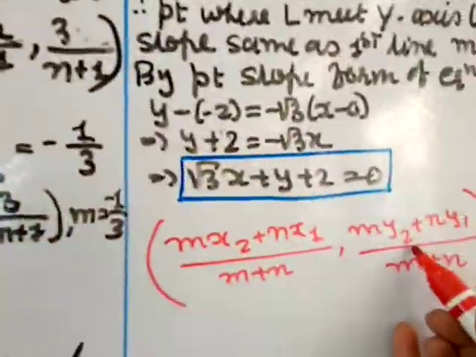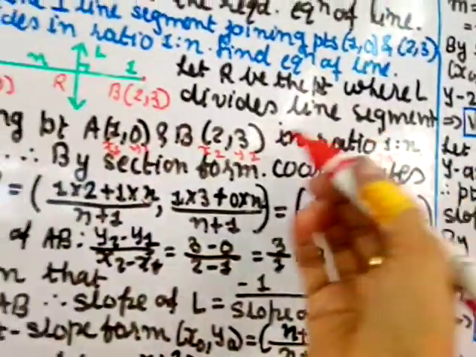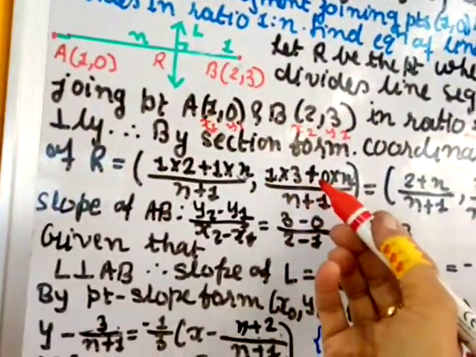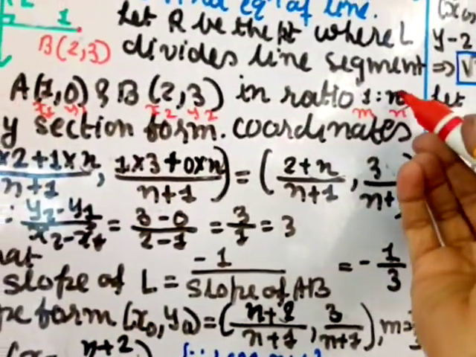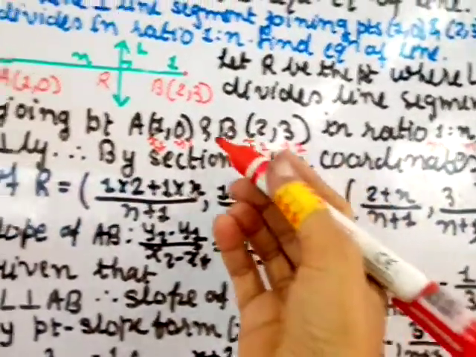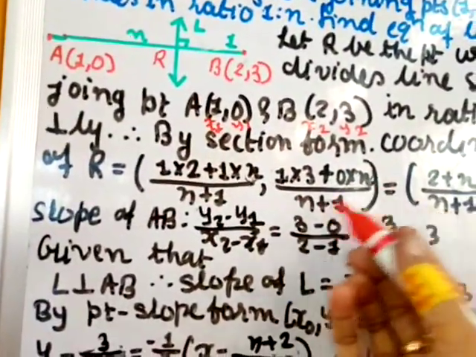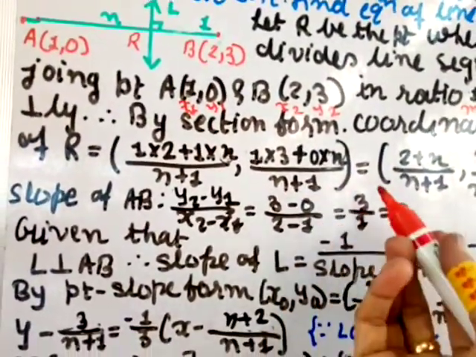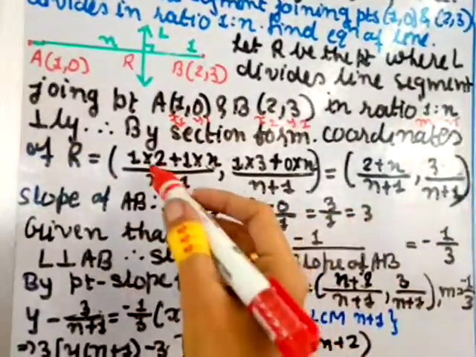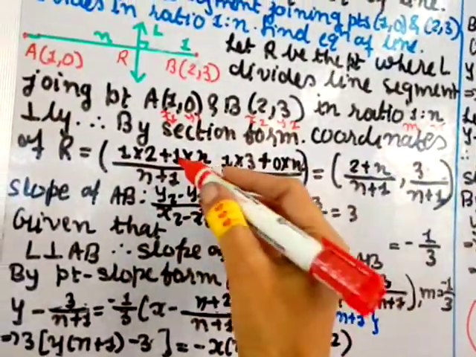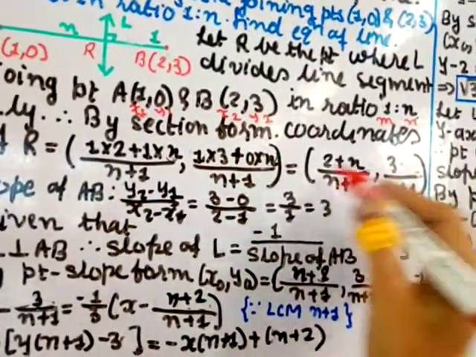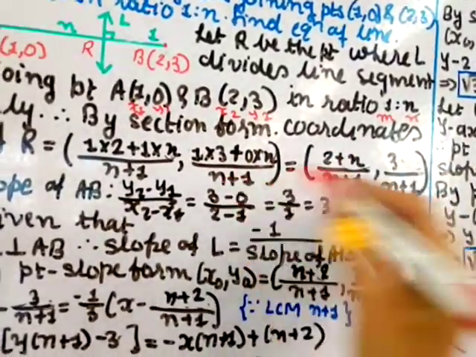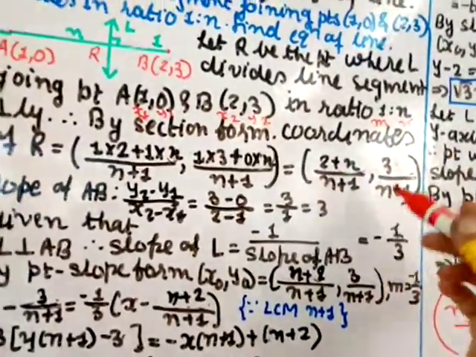Now m y2, so m is 1 and y2 is 3, so 1 into 3, plus n y1, so n is n and y1 is 0, so 0 into n, divided by m plus n, that is n plus 1. So this gives you (2 into 1 is 2 plus 1 into n is n) divided by (n plus 1), comma, 1 into 3 is 3, 0 into n is 0, so that cancels, and denominator n plus 1. So this is the coordinate of point R.